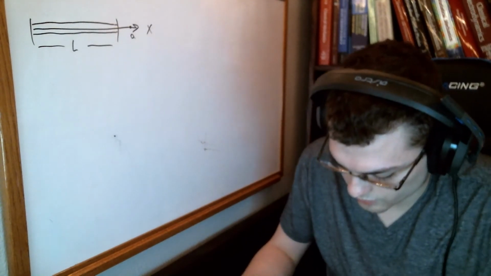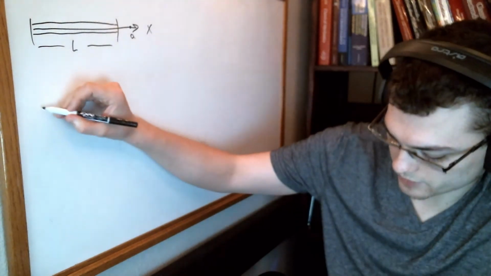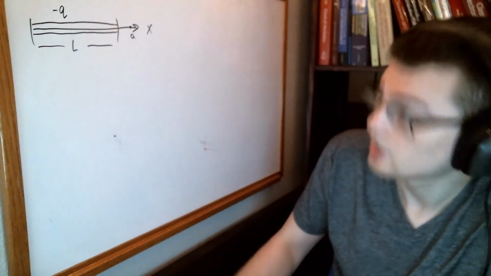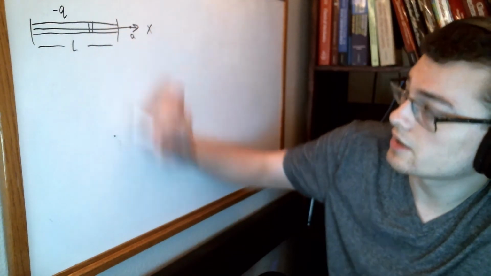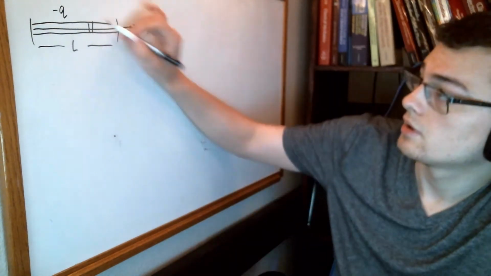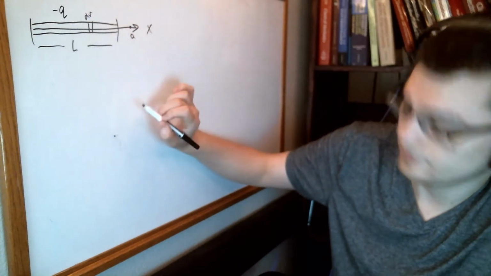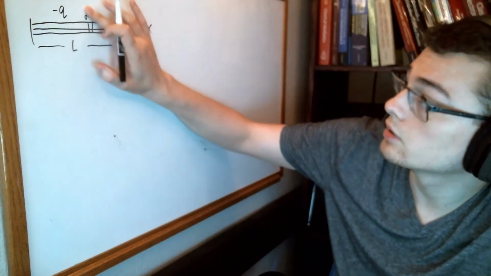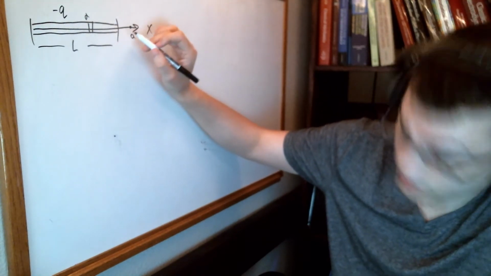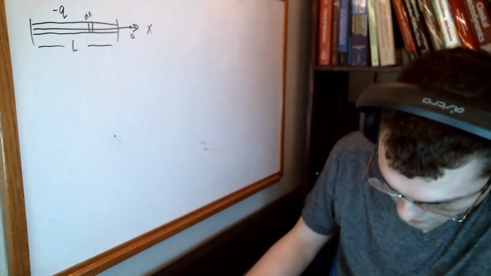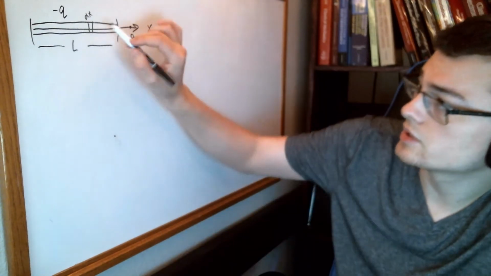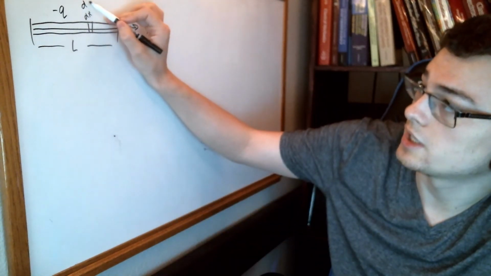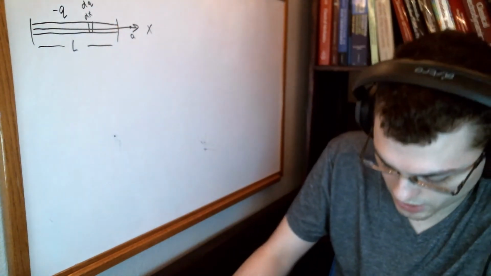In order to do this, we have a couple things to say. It has a negative charge, and we can take out a tiny sliver of length dr, or dx if you want to make it more consistent with what we're doing here. So let's do dx. This little sliver of the rod contains an infinitesimal charge element dq.